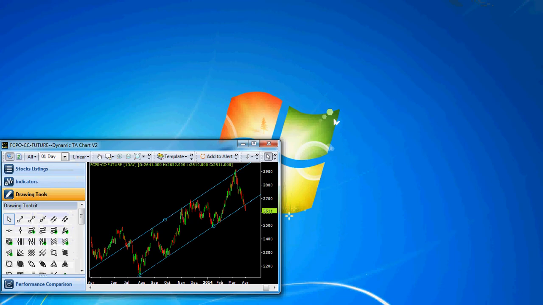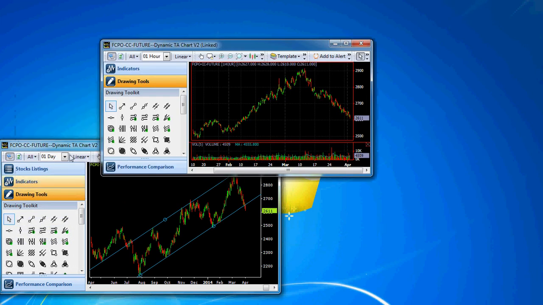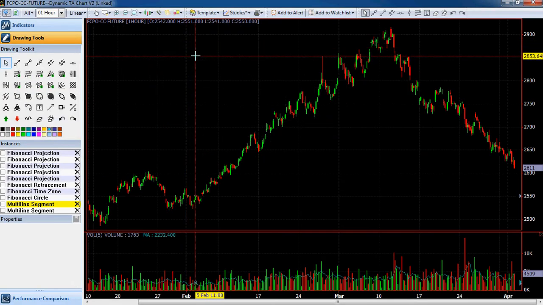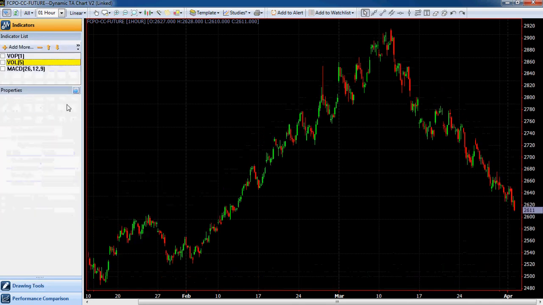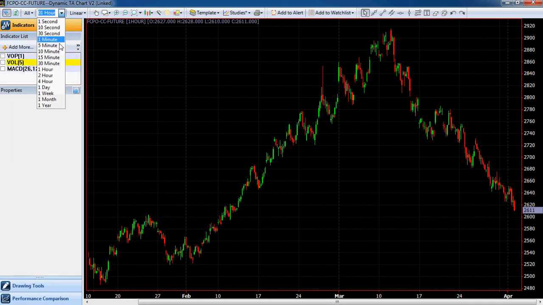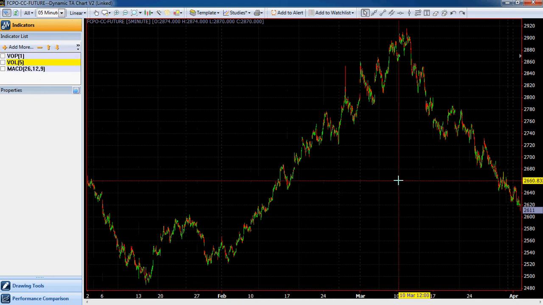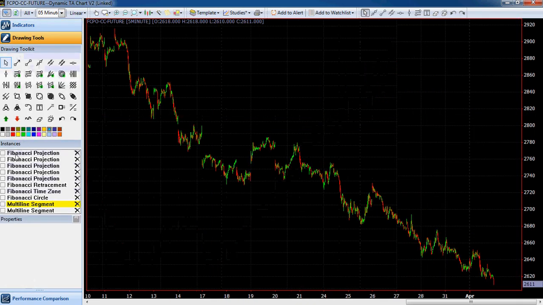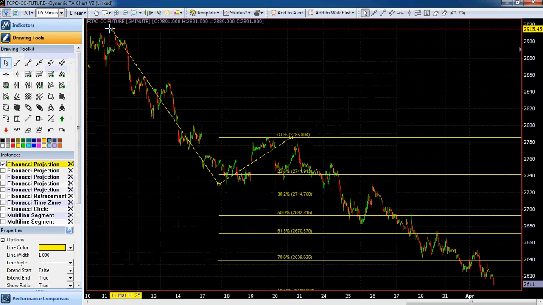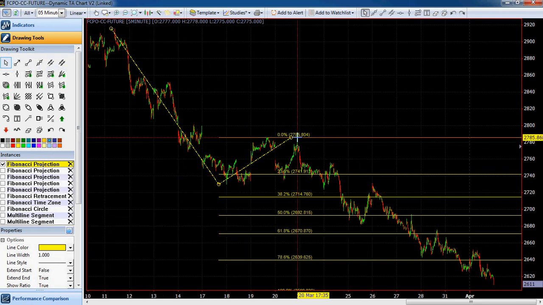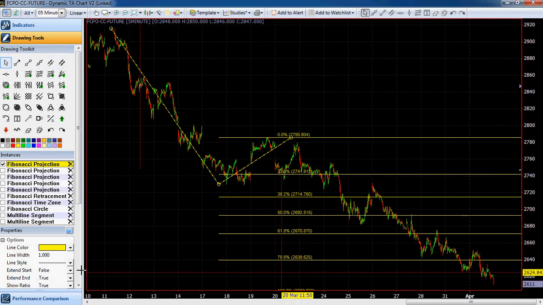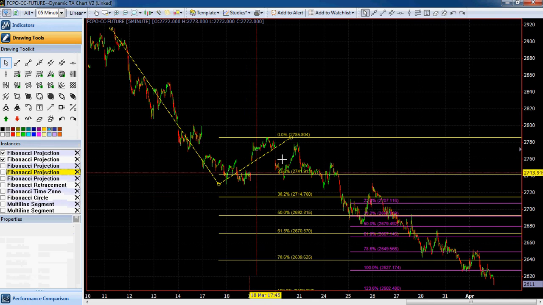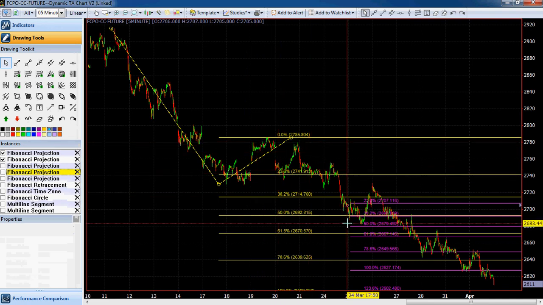However, let's look at the short-term CPO price. What you're seeing now is a 1 hour chart, but I'm going to change it to 5 minutes. So we zoom into the 5 minutes and examine what happened. This one is wave A, B, and the whole stretch here is C. Just now we also mentioned that this one is 1, 2, 3, and 4.